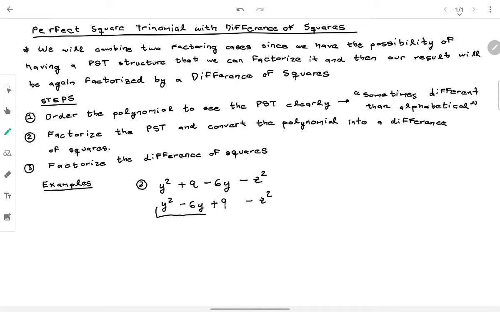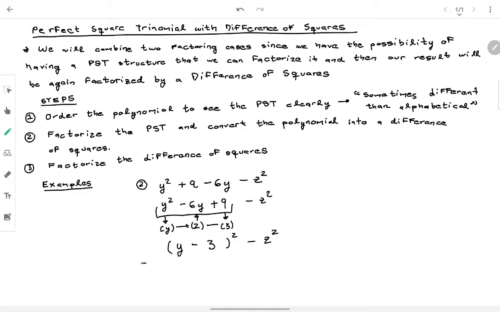If we check out this part, this one has a specific square root that is y. This one has a specific square root that is 3. If I multiply those times 2, I will get the middle one. So this one we can factorize as y minus 3, all of it squared, minus c squared.